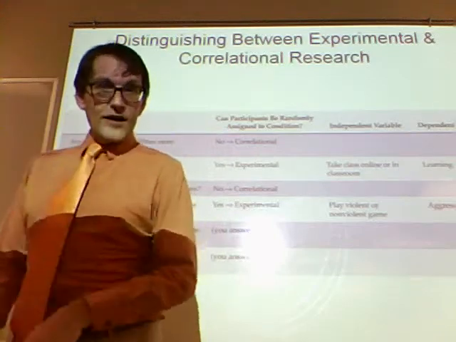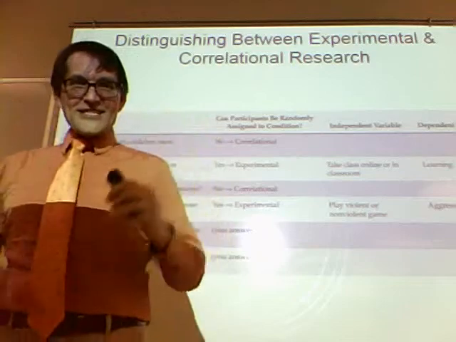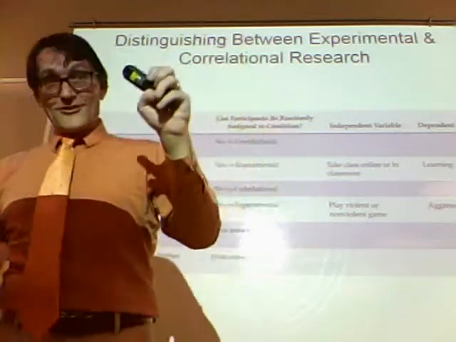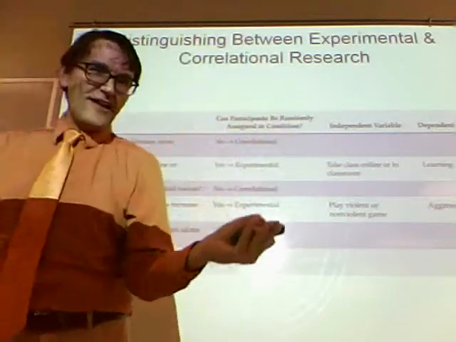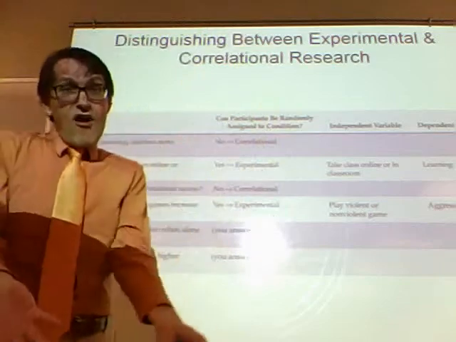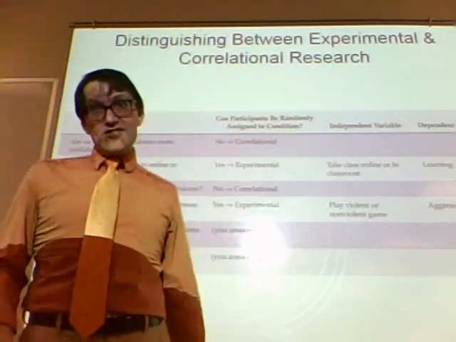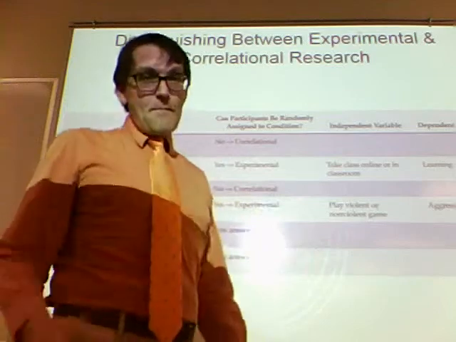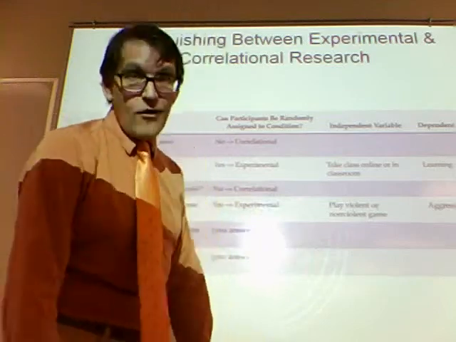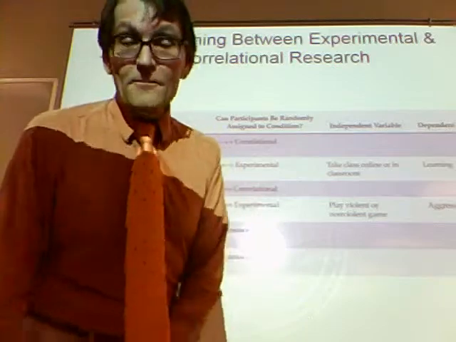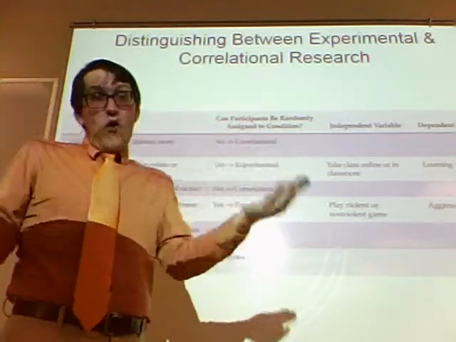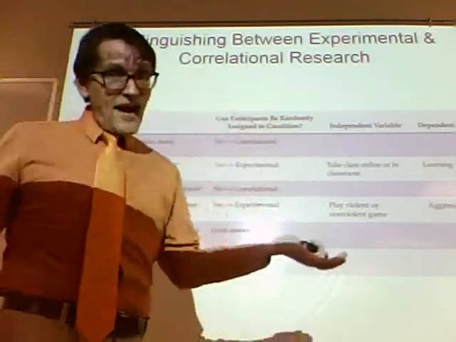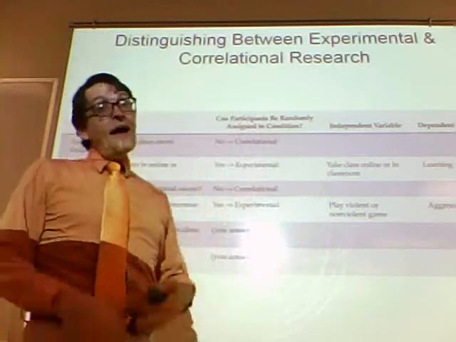So if you wanted to do an experiment testing whether boys and girls are different in math or something like that, it's not an experiment. You cannot randomly assign a child to be a boy or a girl. So even though it might smell like an experiment, and they'll call it a quasi-experiment, it ain't an experiment. It's correlational research, and you cannot establish A causes B.